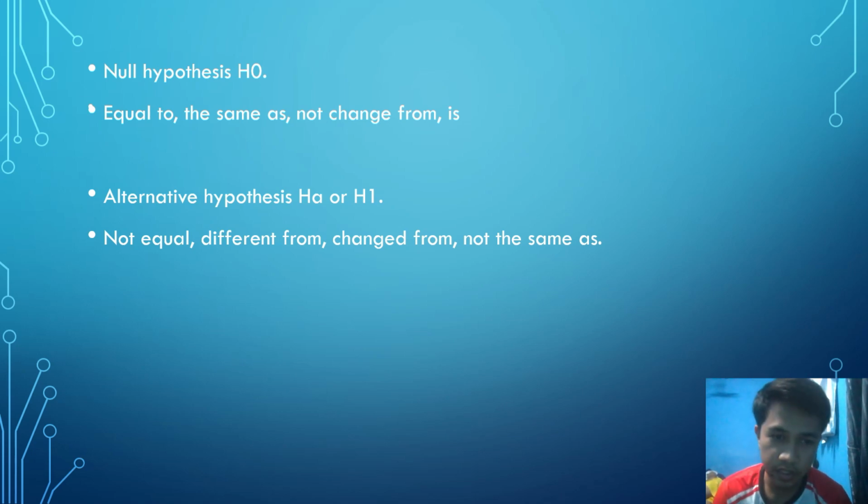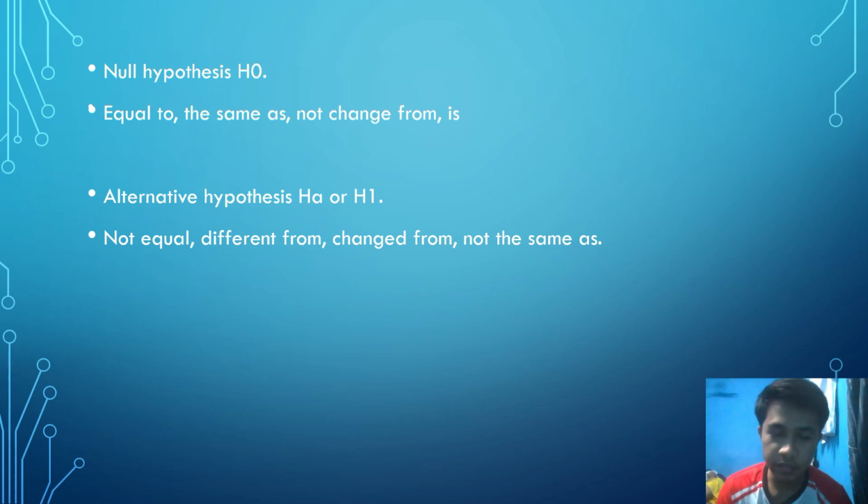The null hypothesis, H sub 0, is always denoted by equal to, the same as, not changed from, or is, and the symbol that we put is equal.